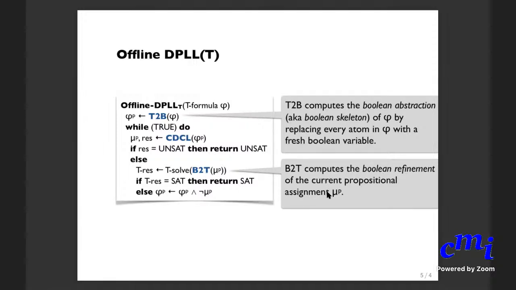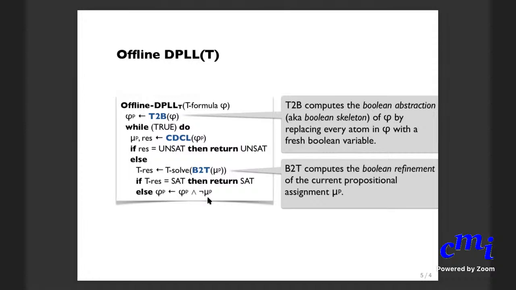That's called a Boolean refinement of the current propositional assignment. Then you use the theory solver, like an LP solver, to check if it is SAT. If not, then you'll have to try another satisfying instance.